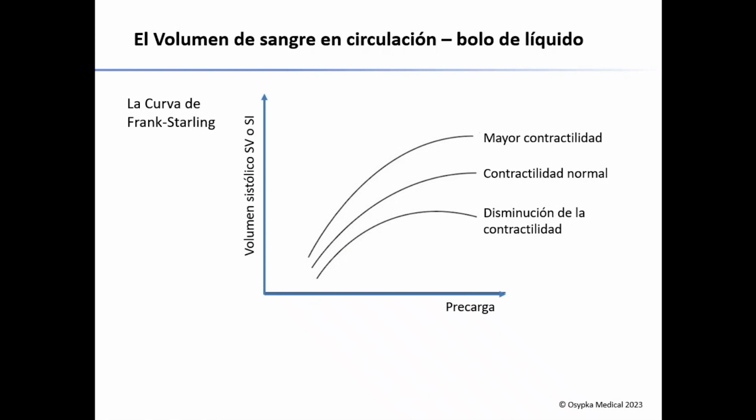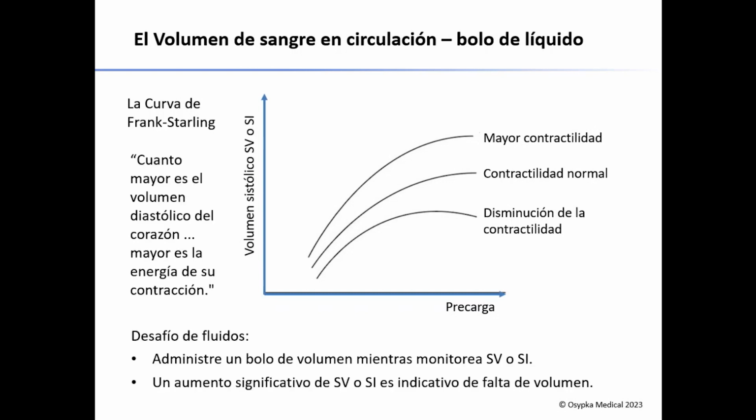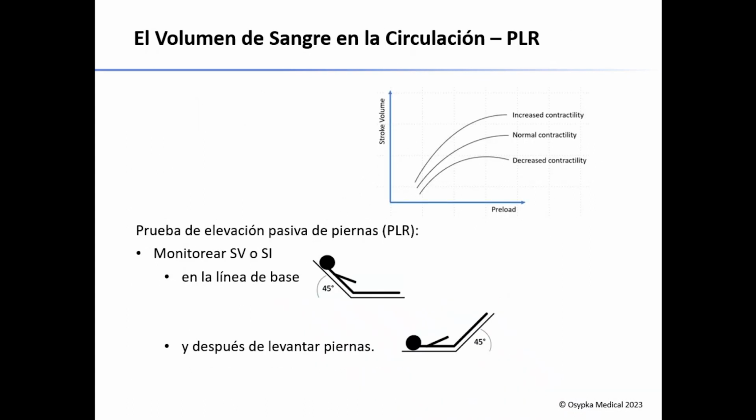So measuring the stroke volume while you add more preload is a very good method to see if a patient responds to volume. So which methods are used, at least in the adult world? Well, either you add some bolus and measure the cardiac output or the stroke volume while you give the bolus, or you perform a passive leg raise test.